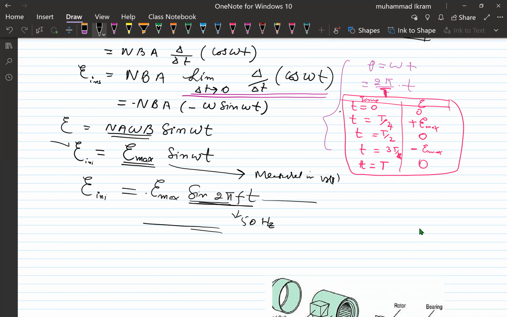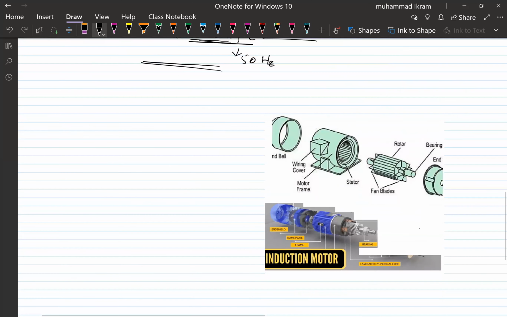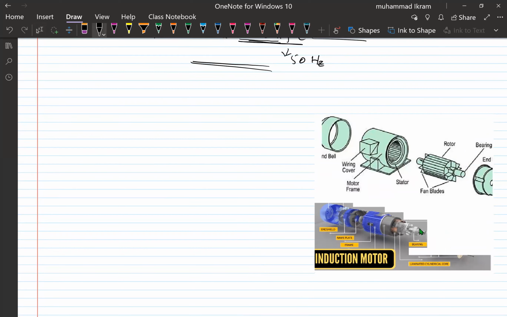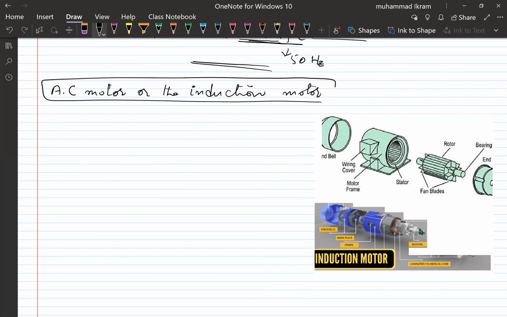Now there is another important topic, and that is the AC motor, or sometimes this is called the induction motor. Why it is called the induction motor, I'm coming to that point. The induction motor is completely different from the DC motor.